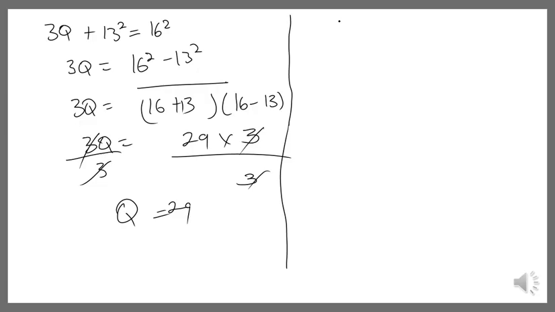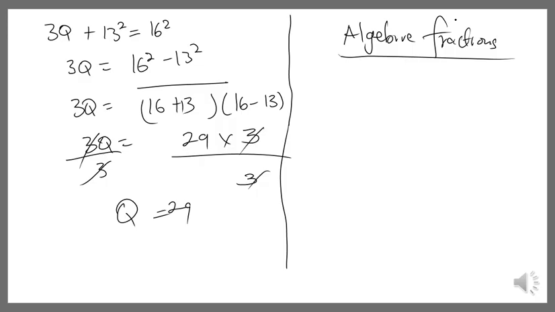So basically it's operations in algebraic fractions. If we have, for instance, a over b times x over y, we know it's definitely ax over by.